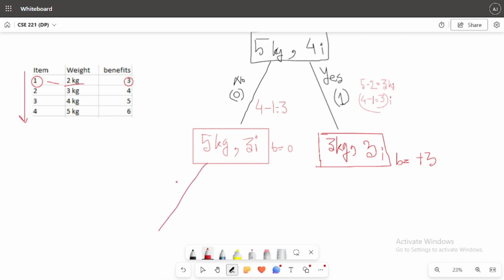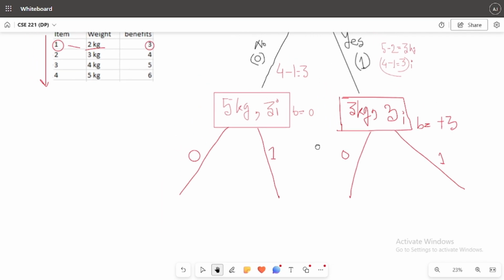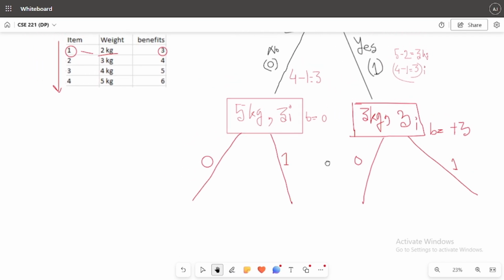For the left we will choose no, and again yes we will pick, right? Again for that no, which will be 0, and again yes, it is 1, right? Now let's see.